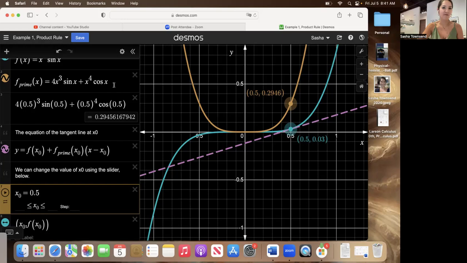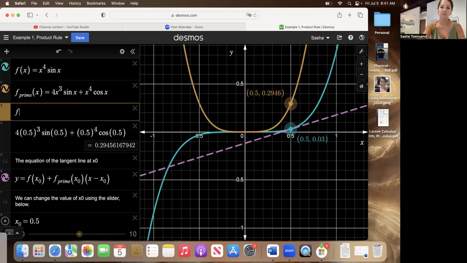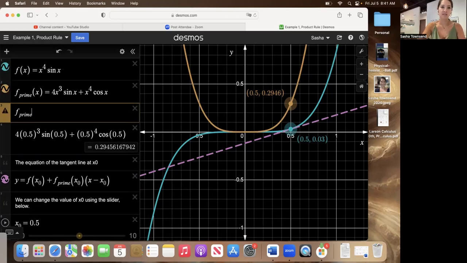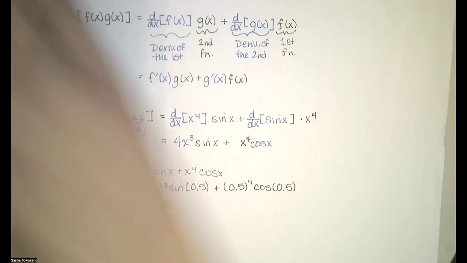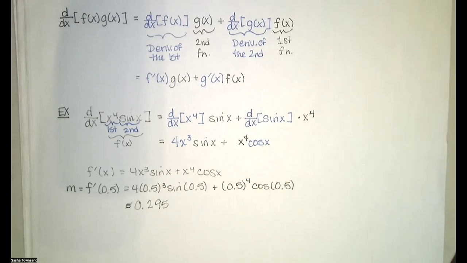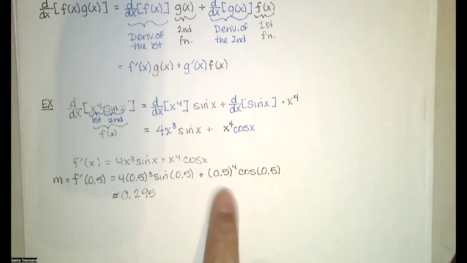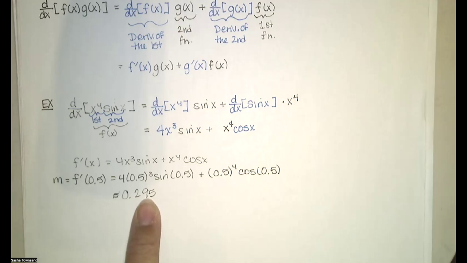Alternatively, we could have just said f prime of 0.5, and we would get the same answer. Okay, so that's how we compute the slope of the tangent line just with pencil and paper.